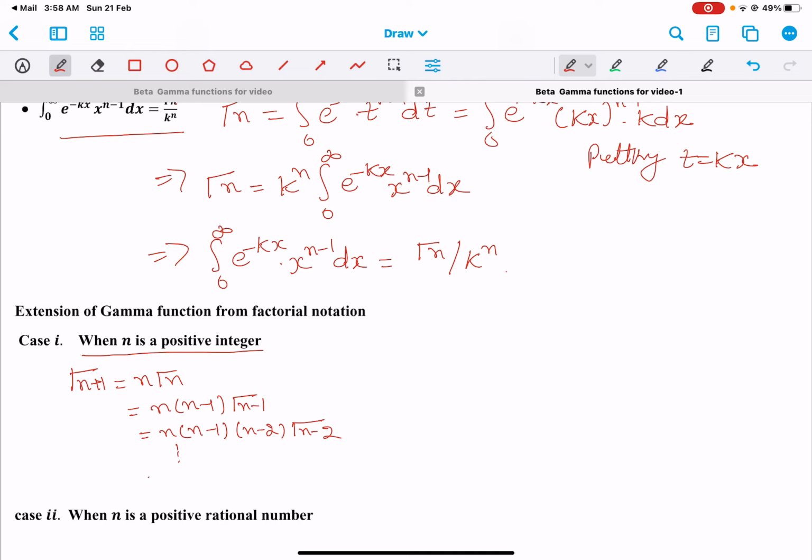If you go on, finally you will be left with an expression of this form, which is nothing but factorial n. So gamma n plus 1 is nothing but factorial n. So if I ask what is gamma 5, this will be nothing but factorial 4, 4 factorial.